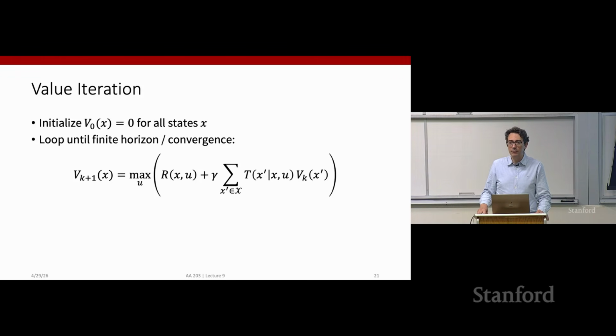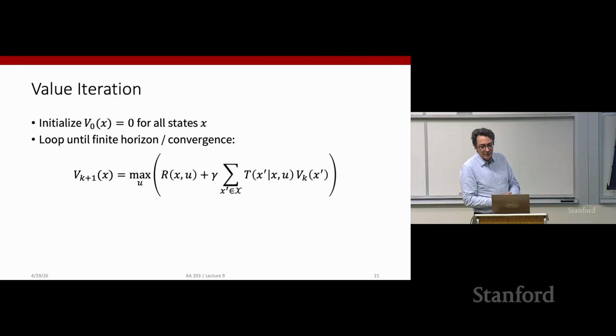You start from an initial condition for the value function, maybe just a zero vector, so you assume that the value for each possible state is equal to 0. You apply one-step Bellman equation for many, many times, and then you hope that you will converge to something.